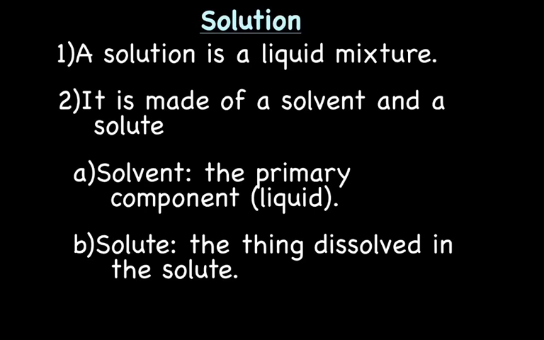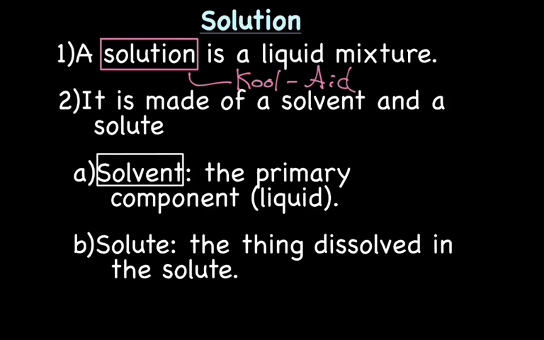Let me give you a real quick example of a solution so you have a visual picture. Remember, a solution is a liquid mixture. How about Kool-Aid? A solution is made up of both a solvent and a solute. So what is our solvent? The solvent is the primary component, the liquid. If I was making Kool-Aid, the liquid would be water.